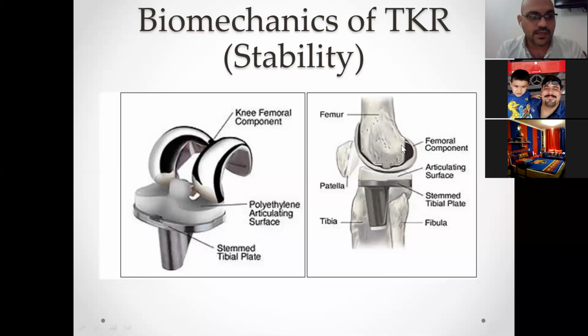So the kinematics of knee flexion is also affected in total knee arthroplasty, whether to spare the PCL, like in the CR design of the polyethylene, cruciate retaining, or the PCL sacrificing implant, in which we resect the PCL.